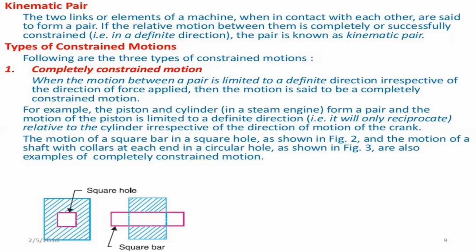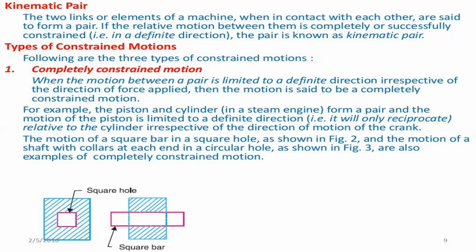That is known as successfully constrained motion or completely constrained motion. When that type of motion is seen in two links or two elements of a machine which are in contact with each other, that type of pair is known as a kinematic pair.